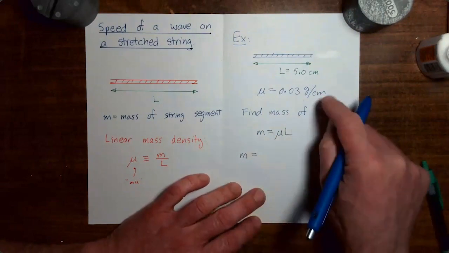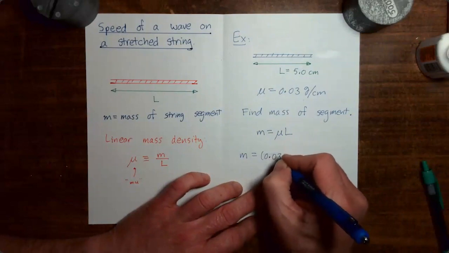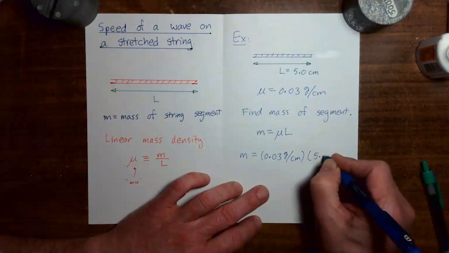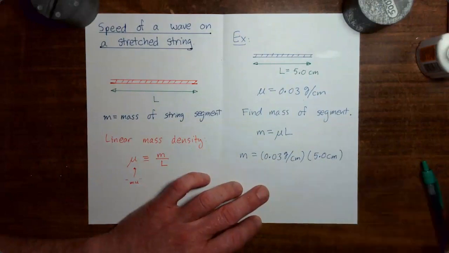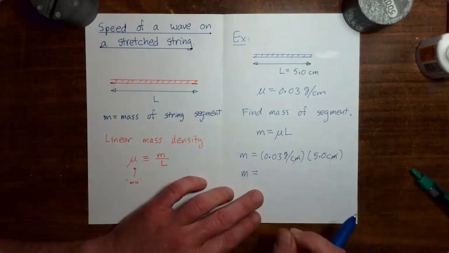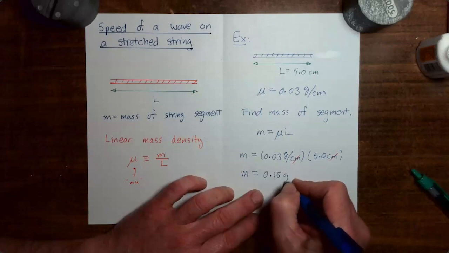So I just substitute. The linear mass density would be 0.03 grams per centimeter. The length would be 5 centimeters. Centimeters cancels against centimeters. So we have that the mass of that segment is 0.15 grams.